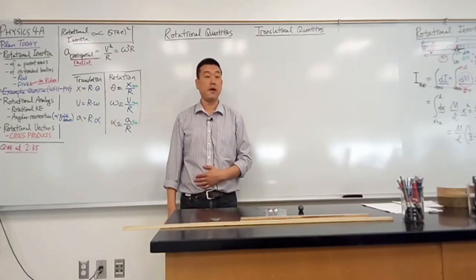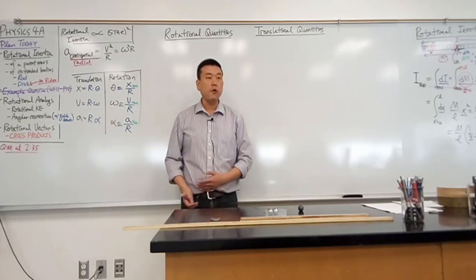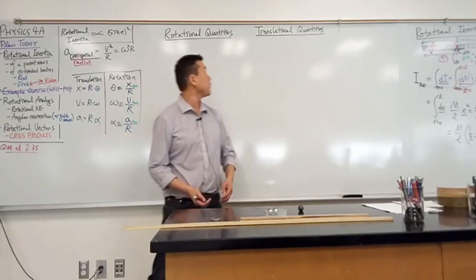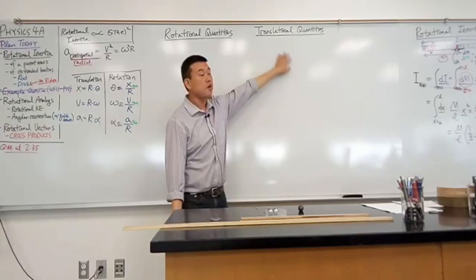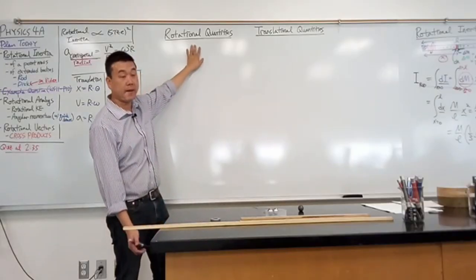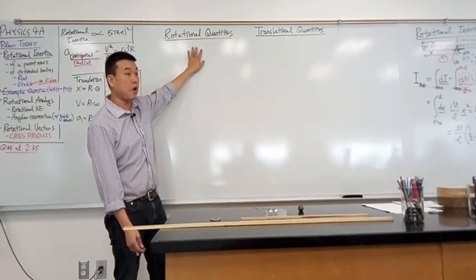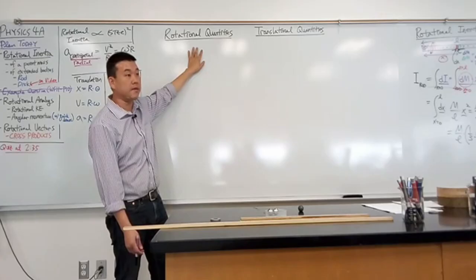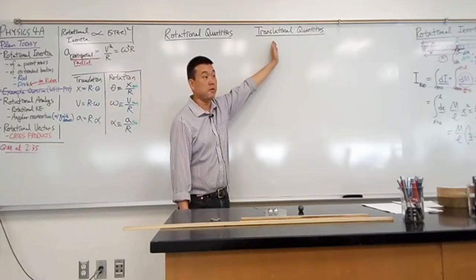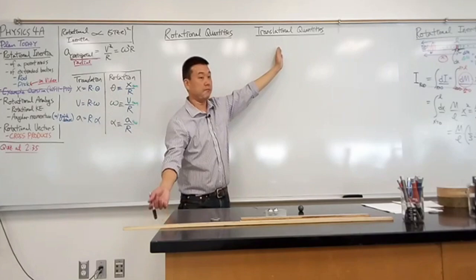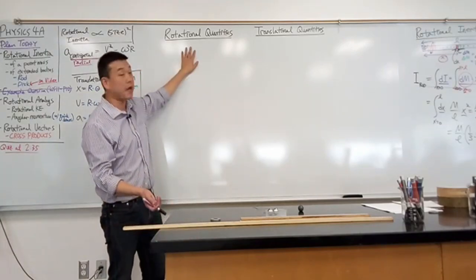There's no way I can memorize all that. But if you recognize the relationship between translational motion and dynamics to the rotational motion and dynamics, then there's not a single thing you'll have to memorize new. Everything that you saw in translation will just, by analogy, be transferred over to rotation.